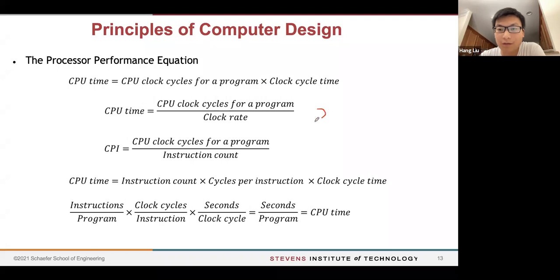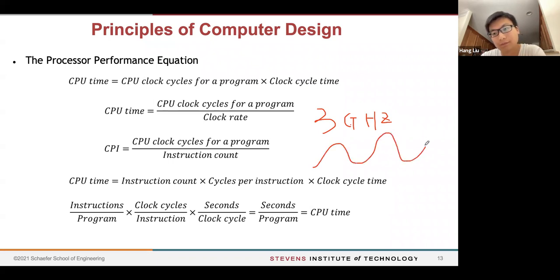It means, let's say we have 3 gigahertz. Everybody knows frequency, right? So gigahertz means you have these kinds of cycles, 3 billion times, right? This is one cycle.